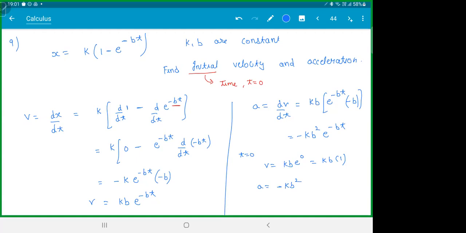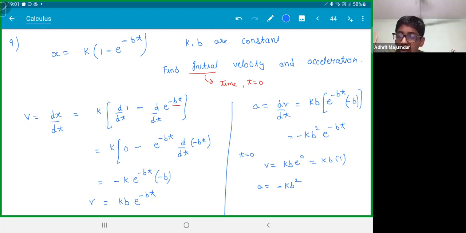Do have a look at this. Ask me if you're confused. Right, Yasha. Initial velocity is right. Aditya, you messed up the acceleration part. Both of you messed up actually. Ronak, you messed up the acceleration part. It is kb square only. That square cannot be written that way.